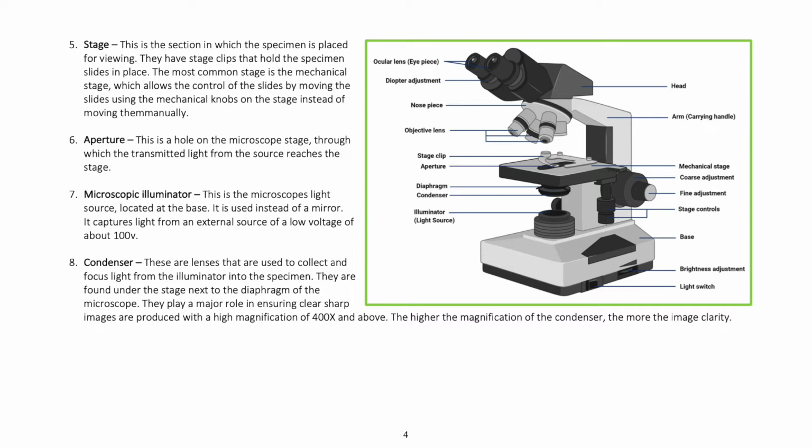They are found under the stage next to the diaphragm of the microscope. They play a major role in ensuring clear, sharp images are produced with a high magnification of 400 times and above. The higher the magnification of the condenser, the more the image clarity.